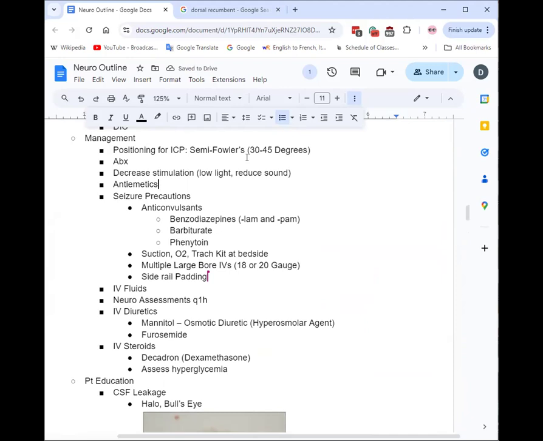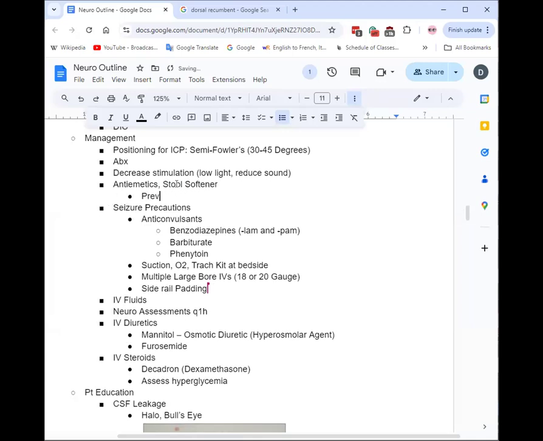Antiemetics can help as well, because when you vomit, you're kind of straining, so we want things that prevent straining. Antiemetics and stool softeners to prevent straining can be done because straining increases your intracranial pressure.